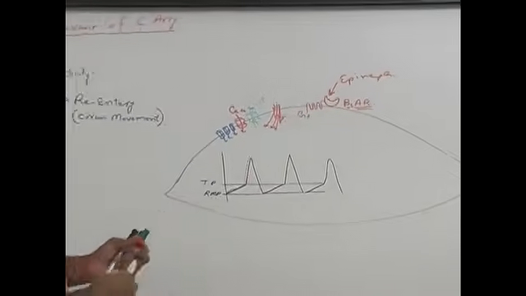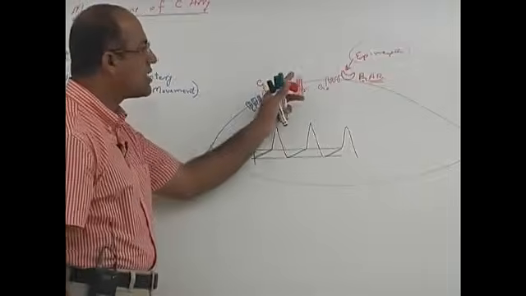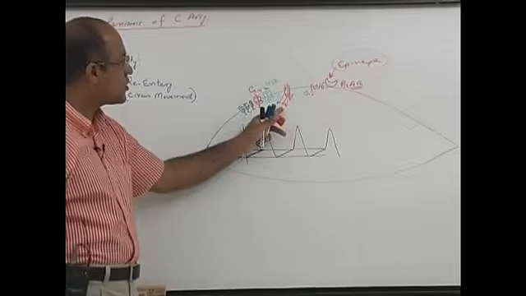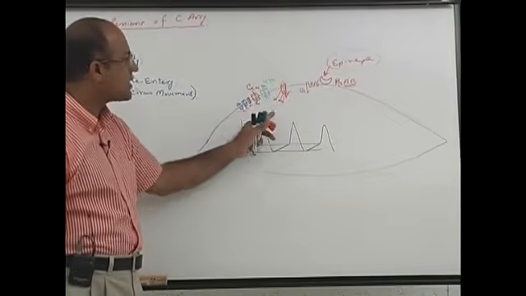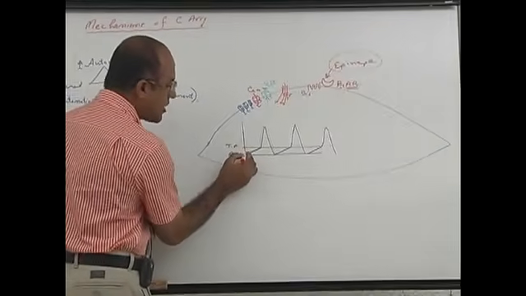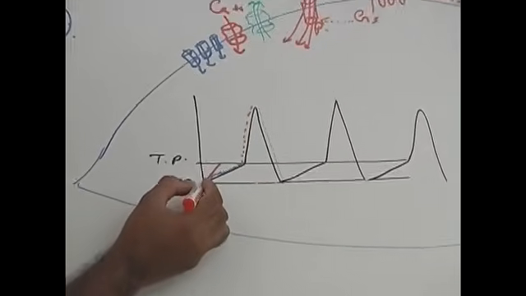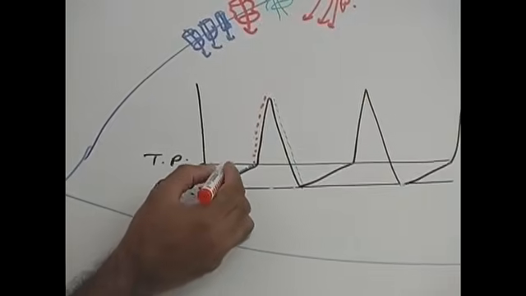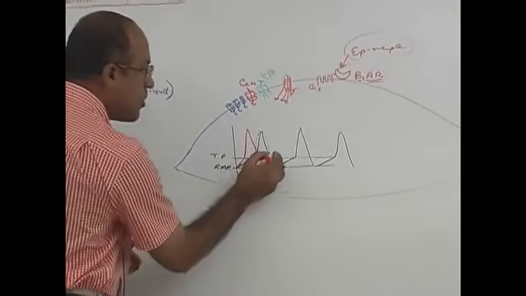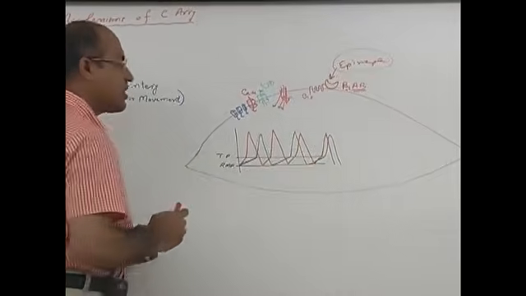So we can say when epinephrine acts on this automatic tissue, it loads that tissue with extra cations, or calcium, and this added calcium which comes into the cell helps the cell to move from the resting membrane potential to the threshold potential more rapidly, and there is more frequent production of action potentials.